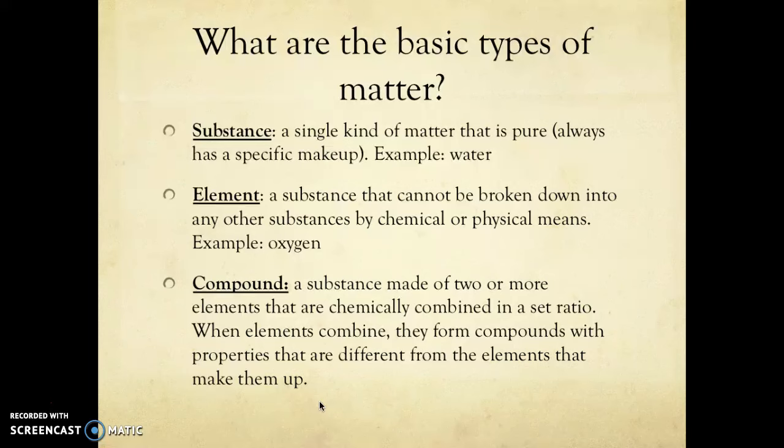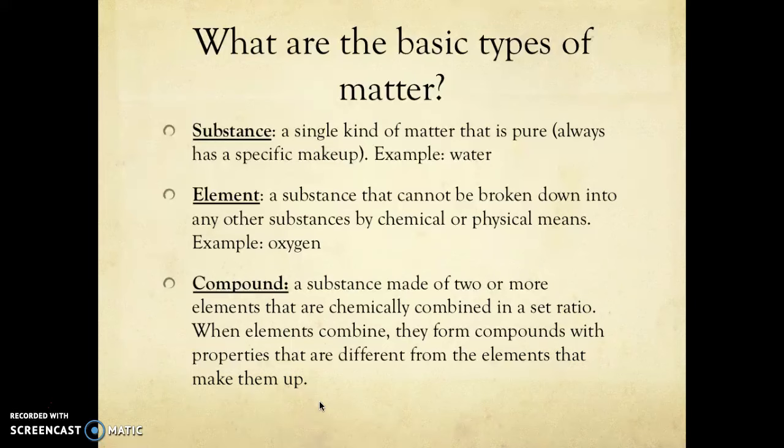Water is a substance that has a particular chemical makeup. We also call water H2O because that's what it's made up of. It's made up of 2 hydrogen atoms and 1 oxygen atom. So water always has that chemical makeup. That's why we refer to it as pure, because water is always that.